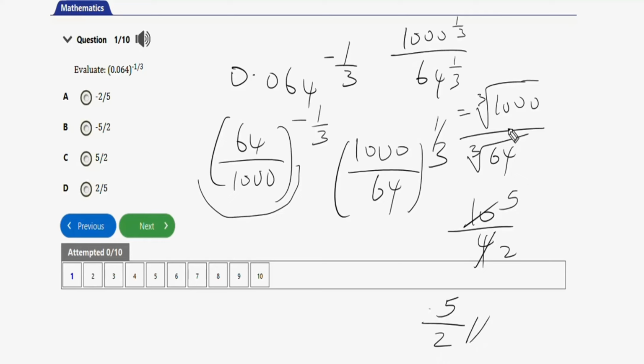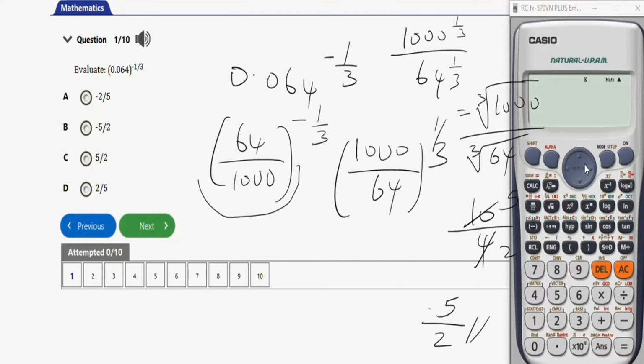So in case you can't get cube root easily, if you want to simplify with a calculator, let me show you. Let's bring the calculator now so that you can see this. Alright, so this is the calculator. So let me wipe some parts so I do not block this calculator.